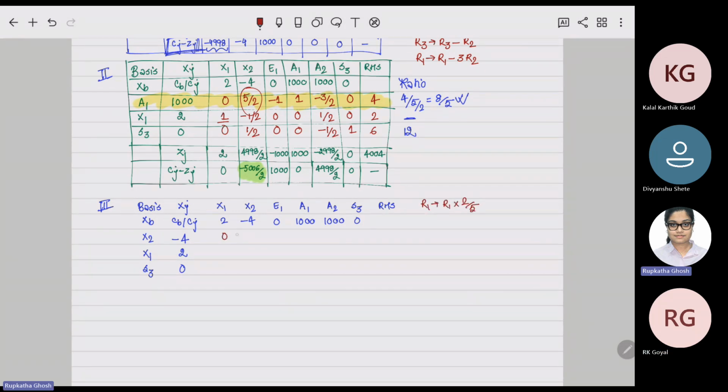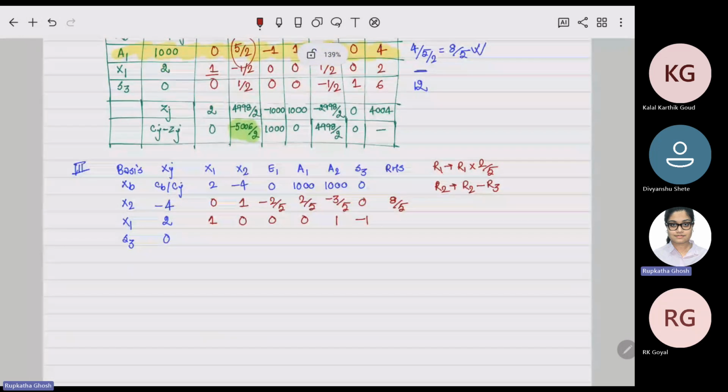That will become 0, 1, minus 2 by 5, 2 by 5, minus 3 by 5, 0, 8 by 5. Similarly, this is minus half and half, so you can simply do R2 is R2 minus R3.